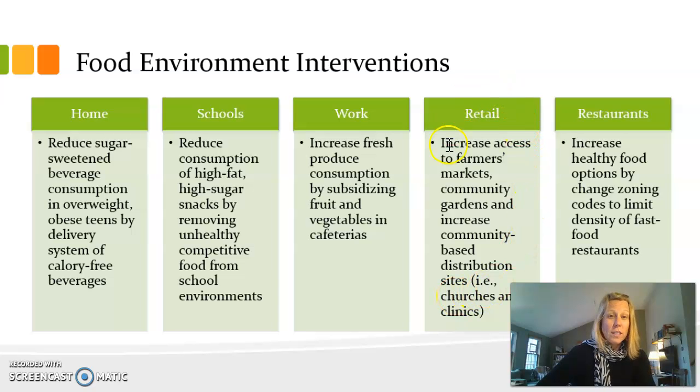In the retail sector, increasing access to farmers markets and community gardens, and also increasing community-based distribution sites like at churches and clinics of fresh foods is another important intervention that can really help with healthy food access.